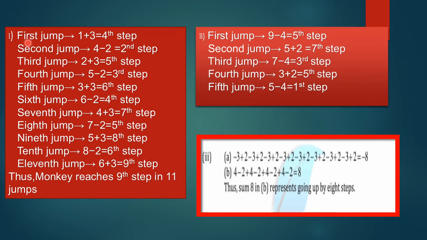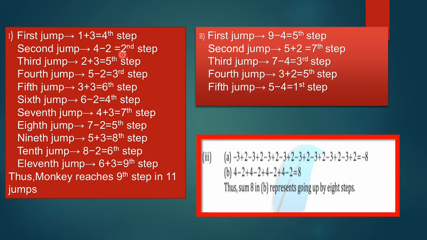So when he jumps first, he goes 3 steps forward. So 1 plus 3 equal to 4. That is the fourth step. Now again in the second jump, that is the back jump, he comes back 2 steps up. So 4 minus 2 equal to 2. That is, he comes to the second step.